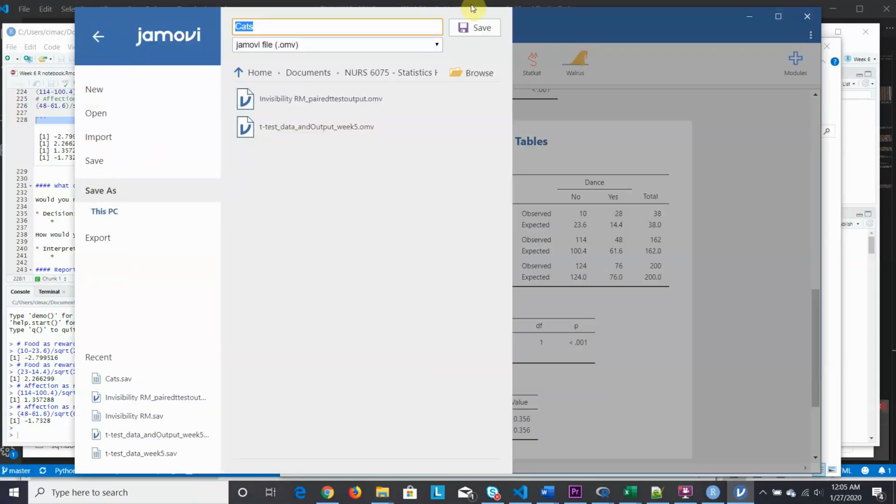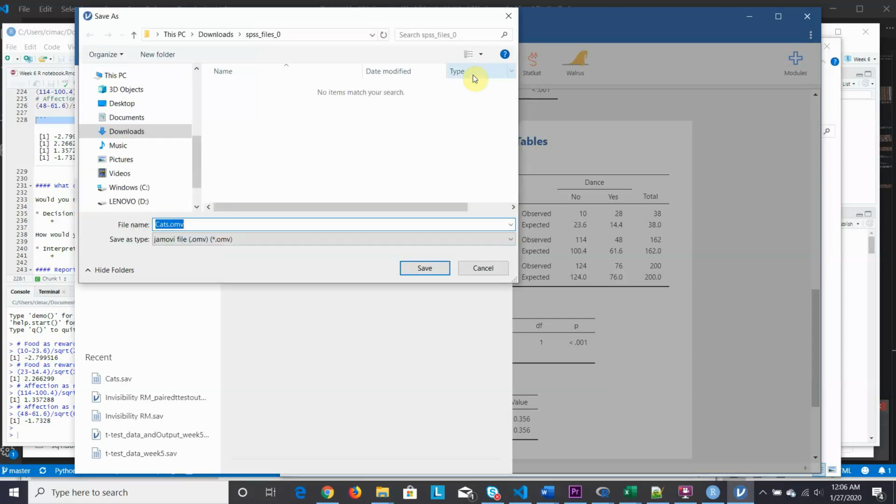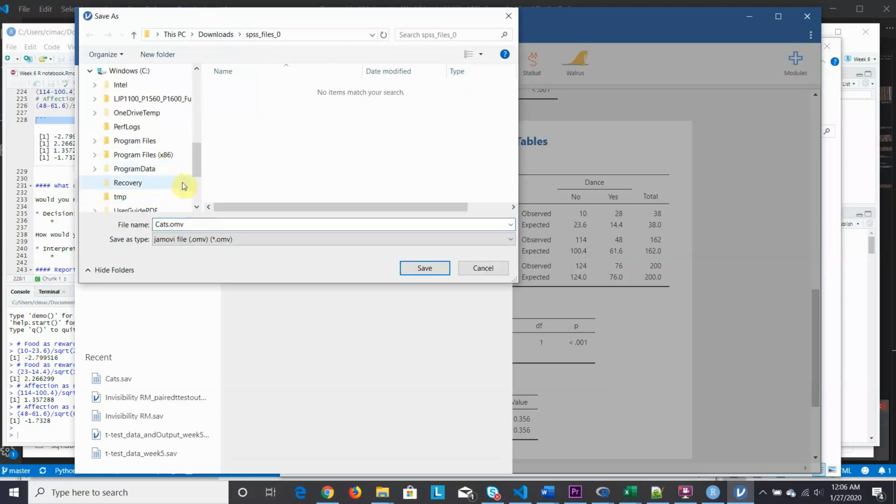Save as. We'll hit browse, and we'll go to, there we are. Users.